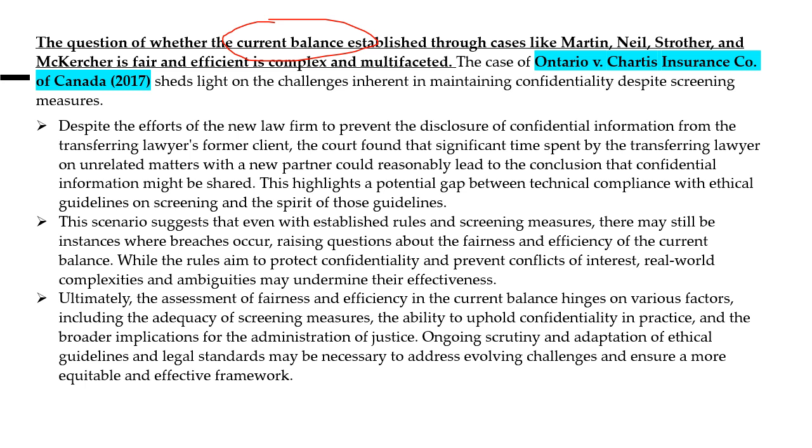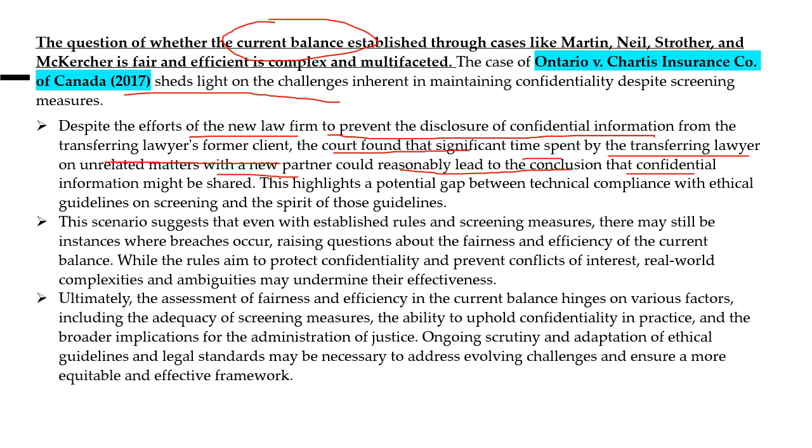So the case of Ontario versus Chartis Insurance Company of Canada sheds light on challenges. They say that despite the efforts of a new law firm to prevent disclosure of confidential information from a transferring lawyer's former client, the court found many a time that significant time spent by the transferring lawyer on an unrelated matter with a new partner could reasonably lead to the conclusion that confidential information might be shared.